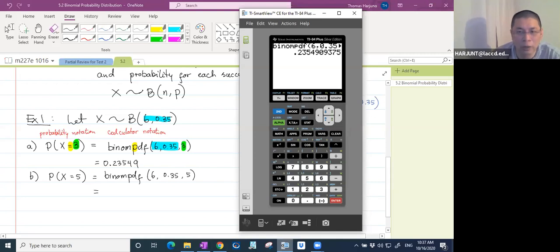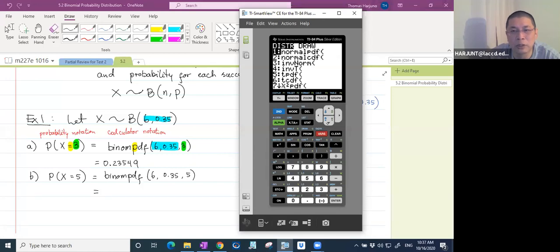And then calculator notation. Now let's compute what is the number. So I go second, distribution, go to binom PDF, number of trials 6, probability of success 0.35, the x value is 5, enter, and then paste it.